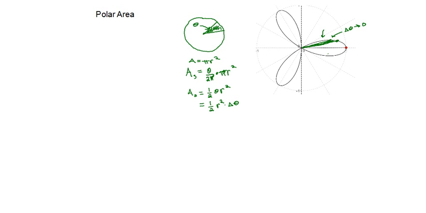Just moving the theta to the back and realizing that theta is actually a change in theta. So we're going to add all these up. What calculus idea adds an infinite number of things up? That is the integral. So we're going to take the integral of this whole thing, 1/2 r squared delta theta, which is just d theta, which of course will approach 0, which is why it becomes d theta.